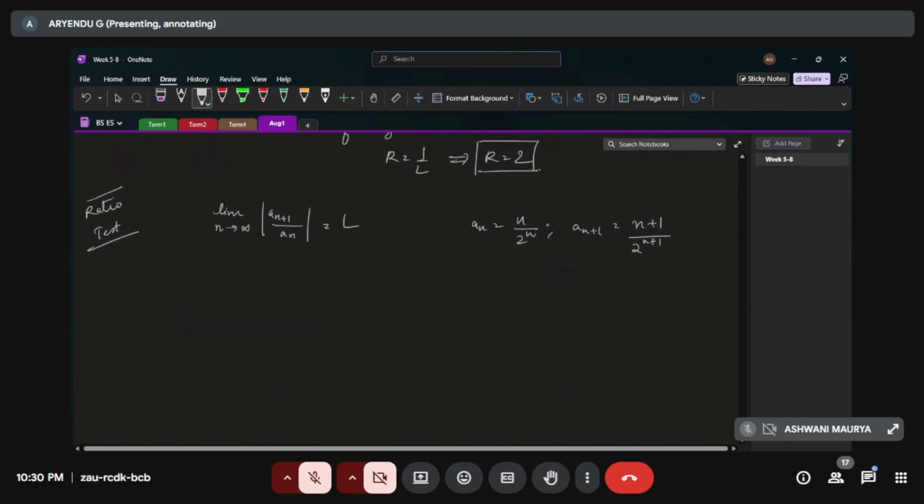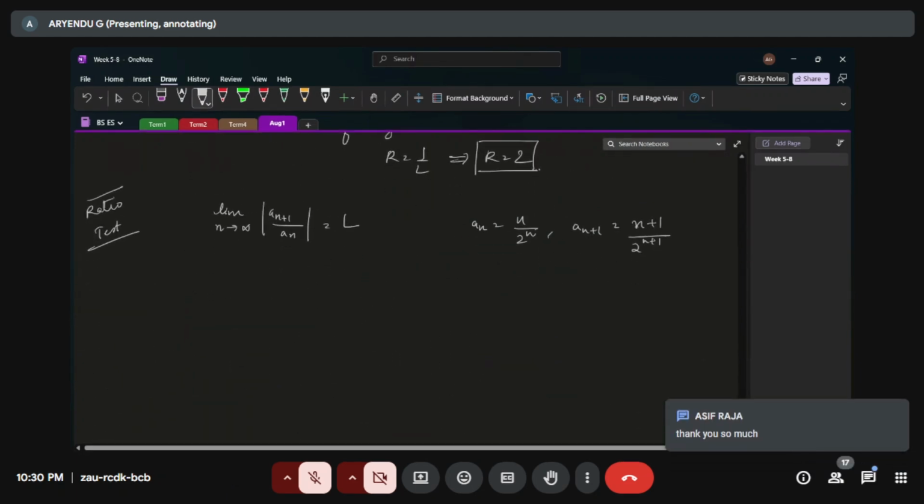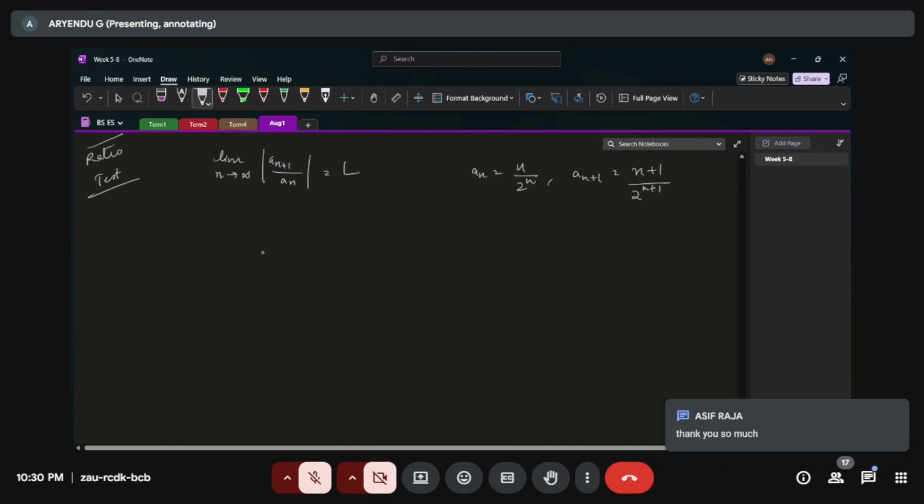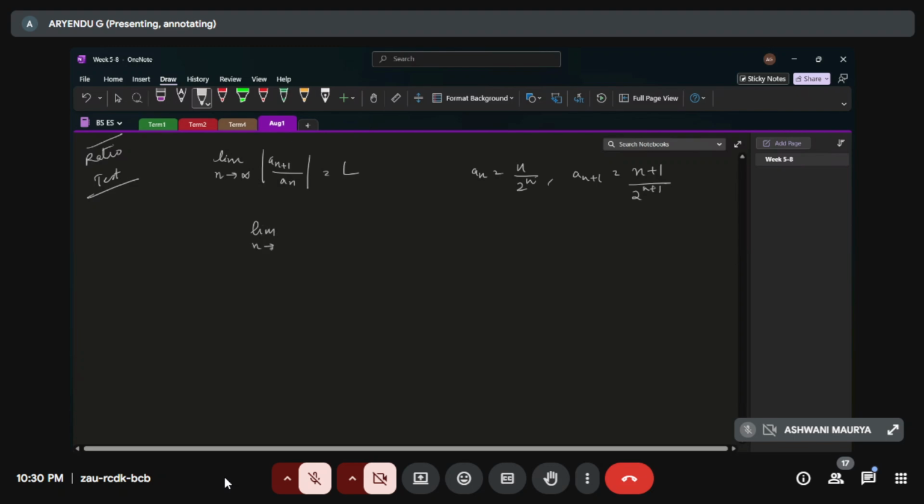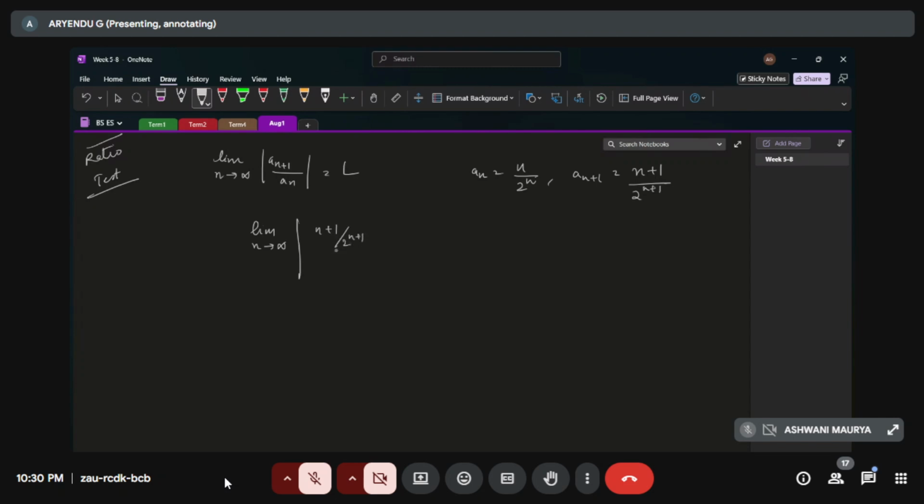So here we have to take the a_(n+1) value, similar to how we would take the value for any arithmetic progression. If we calculate, we can see the limit as n tends to infinity of a_(n+1), which is n plus 1 by 2 raised to n plus 1 by n by 2 raised to n.